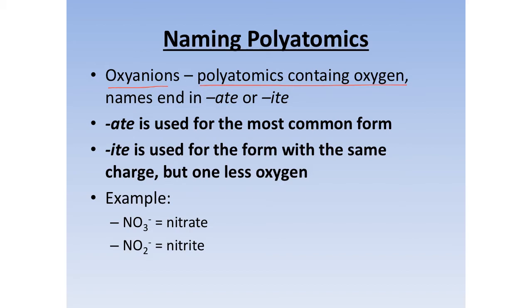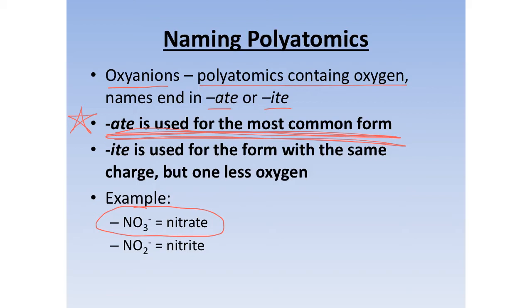And its names will end in "ate" or "ite", like sulfate, sulfite, nitrite, and so on. "Ate" is used for the most common form of that oxyanion. So if we have NO3 minus, that is the nitrate ion.